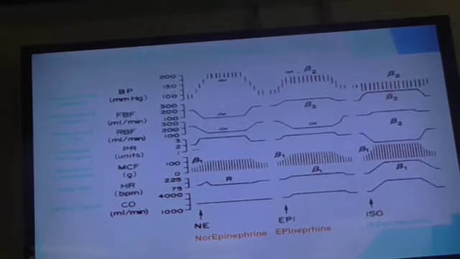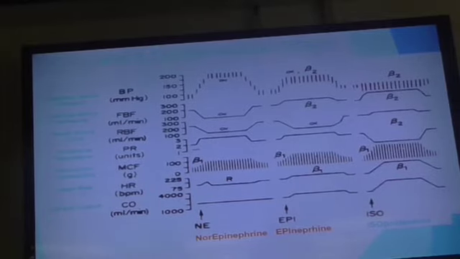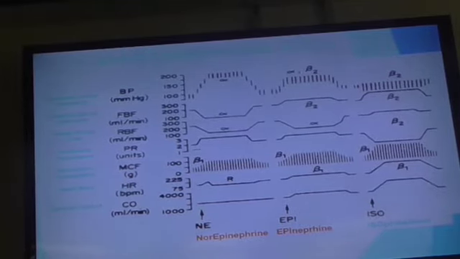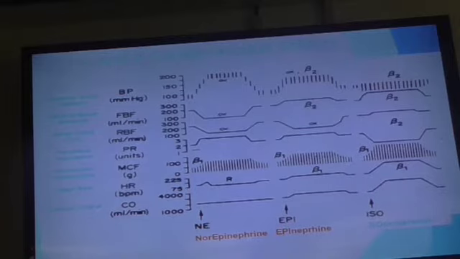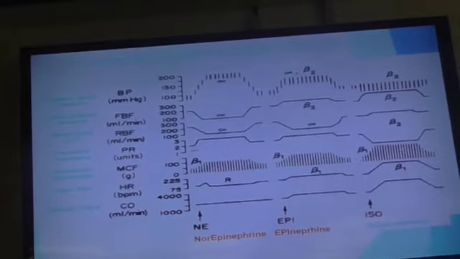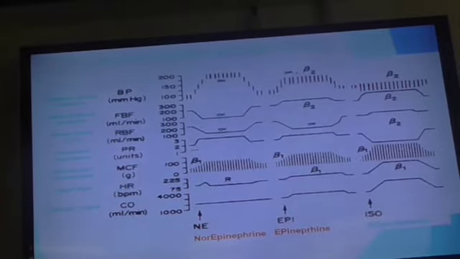Now, here's what I want you to understand, and please raise my hand because I'll run out of time, okay? When you're talking about these effects, the old charts and the old books did not have the receptors on them, and that was my big struggle. I looked at this picture and I kept thinking, man, why is norepinephrine increasing blood pressure? I mean, why is isobutyrenol decreasing blood pressure?